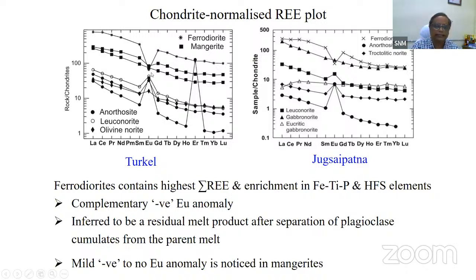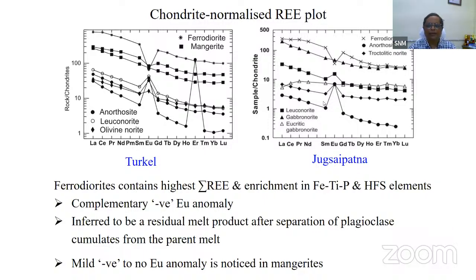Whereas the mangerite suite of rocks do not show any strong negative anomaly, they show no europium anomaly to a mild negative europium anomaly, and the pattern appears to be completely different from the gabbro-anorthosite-ferrodiorite series.